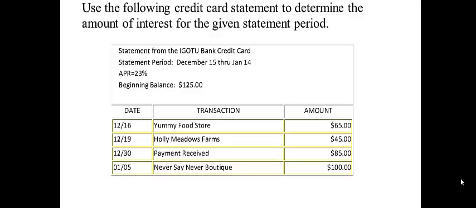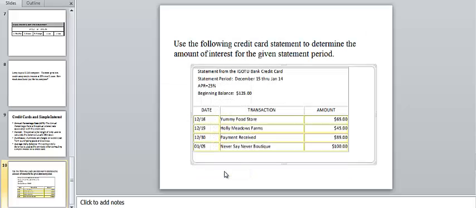Now time, since it's not in years, it's just set from December 15th through January 14th. When you count the number of days, including those two, we come out to 34 days out of a 365-day year. So I need to account, since this isn't a full year that I'm talking about, my principal is what my payments are, 125.